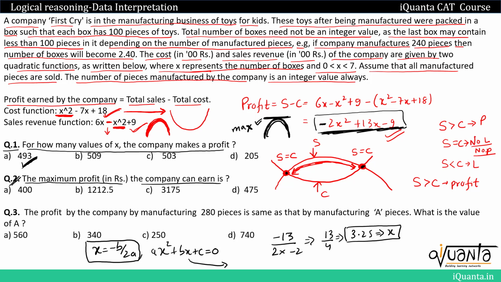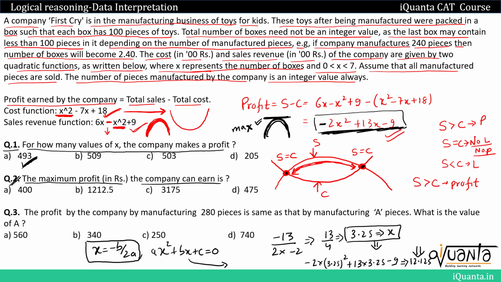And since we need to find out the maximum profit in rupees, we have to put this value into this profit function. So the value will be minus 2 into 3.25 square plus 13 into 3.25 minus 9. When we calculate this, we get 12.125. So this is the maximum value of the profit function.